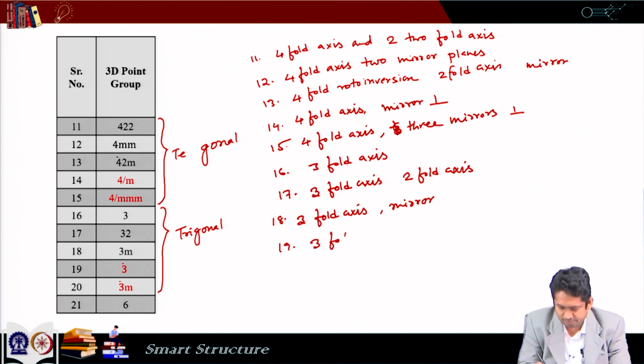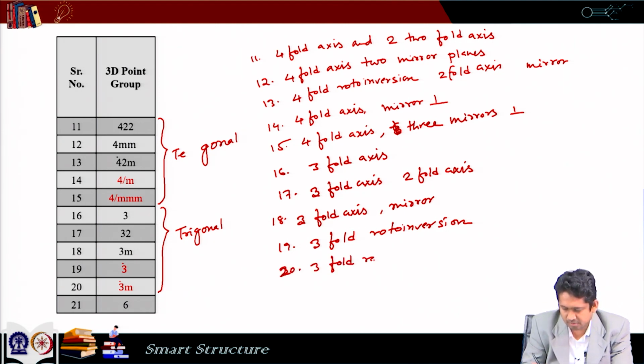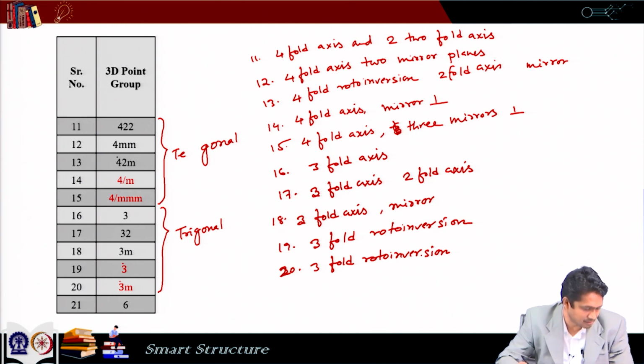Then we have a 3-fold roto inversion, and then we have a 3-fold roto inversion and one mirror.